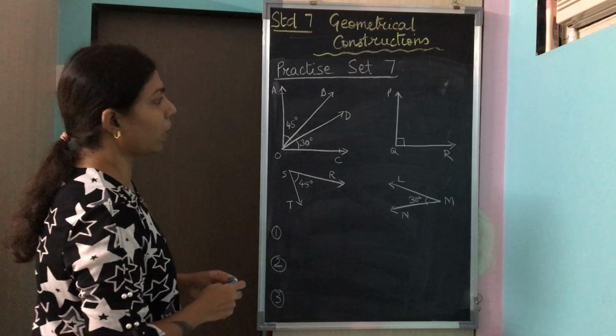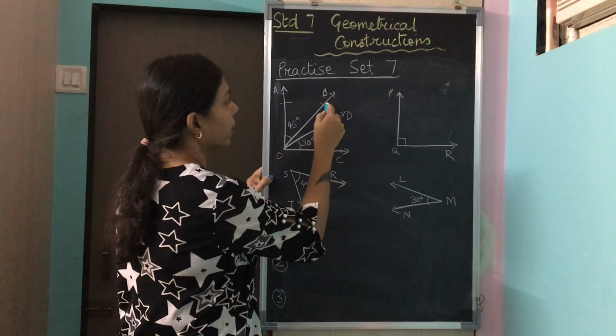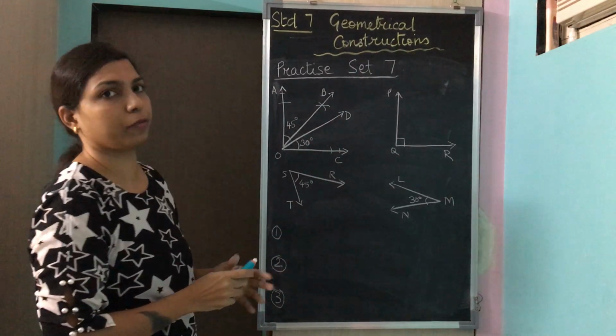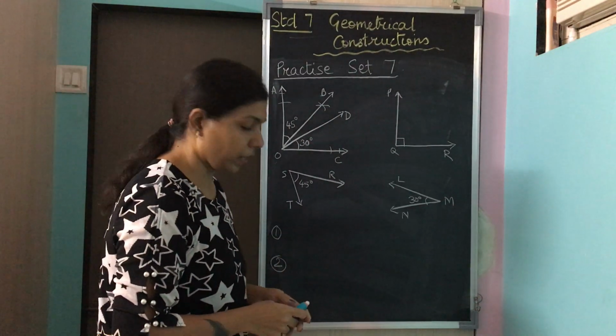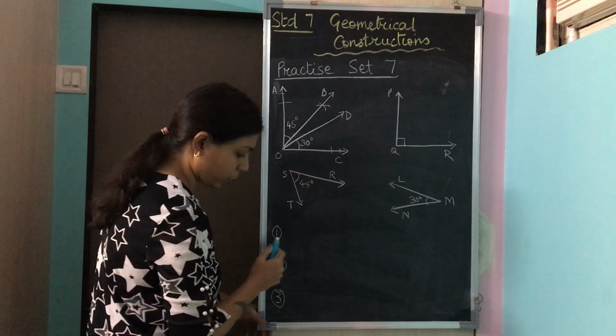These are the diagrams which are given to you, and it is asked to find out which particular angle is congruent to the other one. Now I'll write down that question as well.